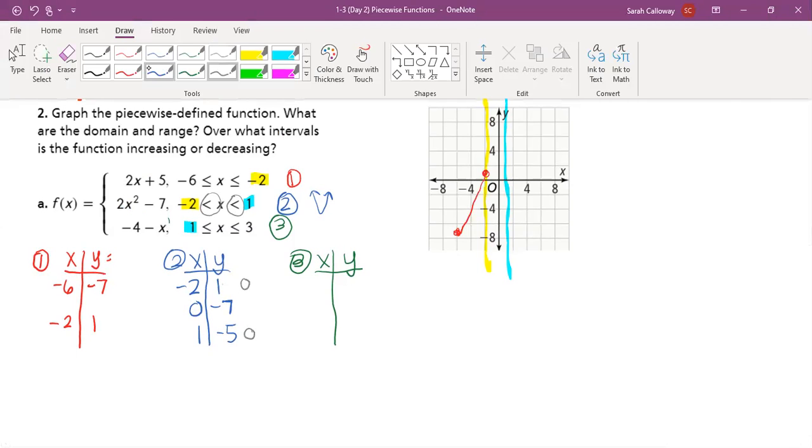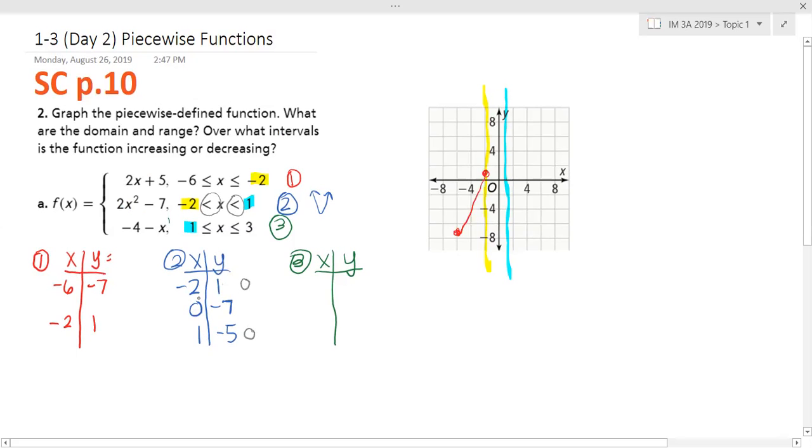Everything else, though, is within the domain. So 0 makes this statement true, right? 0 is less than 1, but greater than -2. So that's going to be a regular point. We're going to have an open point at -2, 1. Since we already had a point there, I'm just going to draw a circle around it. I know I'm connecting that with my blue points. Then I have 0, -7.